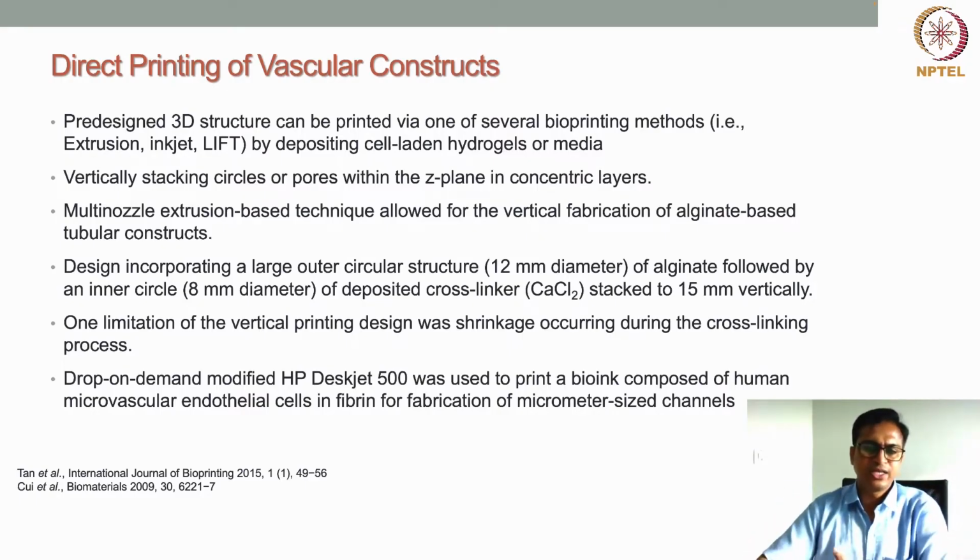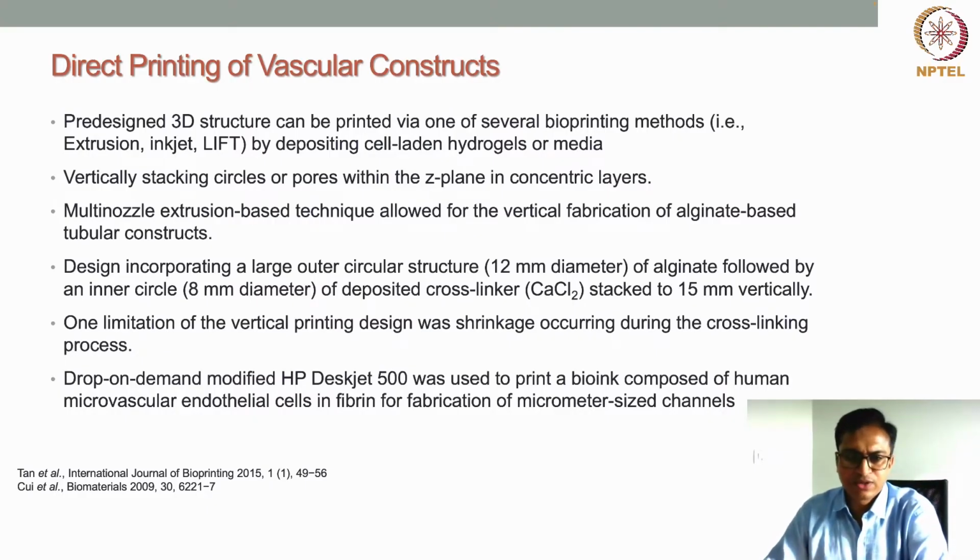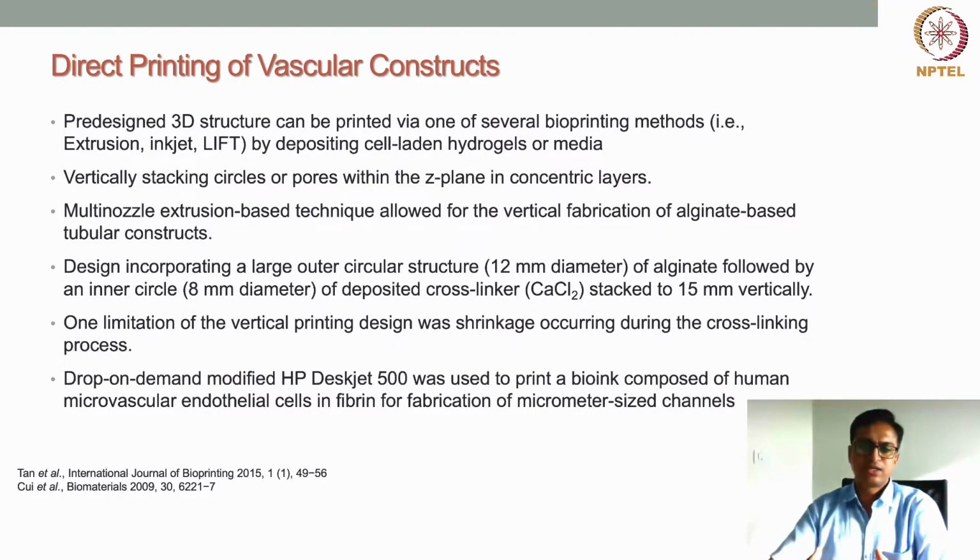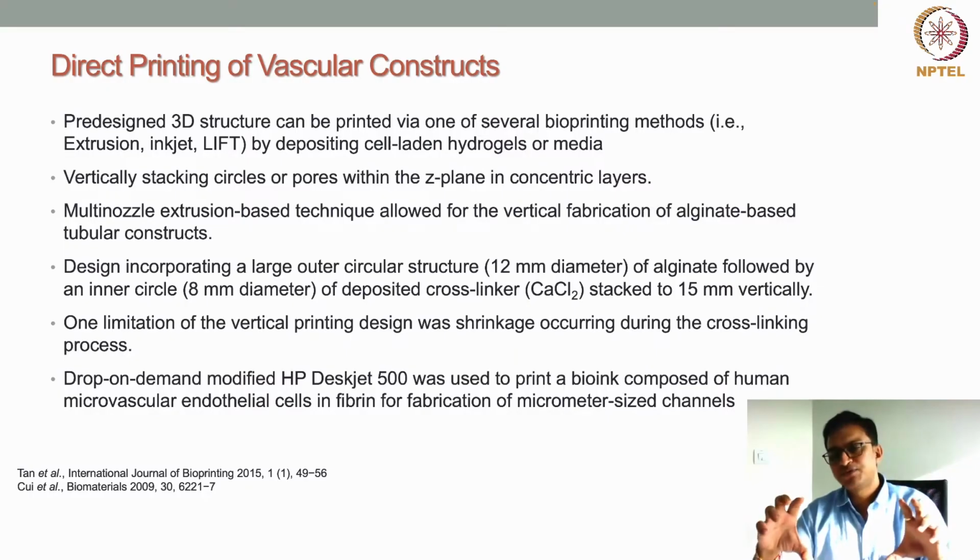The outer circular structure is 12 millimeter in diameter, and the inner circular structure is almost 8 millimeter. Then they deposited calcium chloride solution in the inner circle, and they keep repeating this again and again to create the 15 millimeter cylindrical structure.